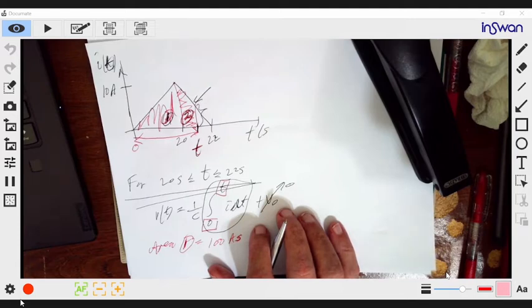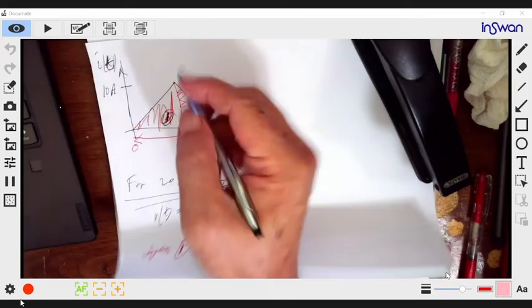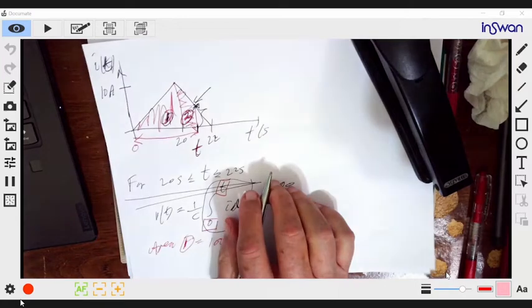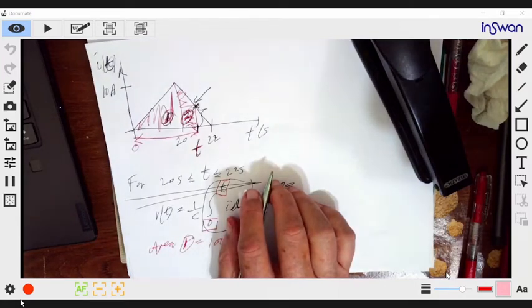Y'all do not understand functions. Is this point right here not on the straight line? Yes, sir. So that's a point on a straight line.